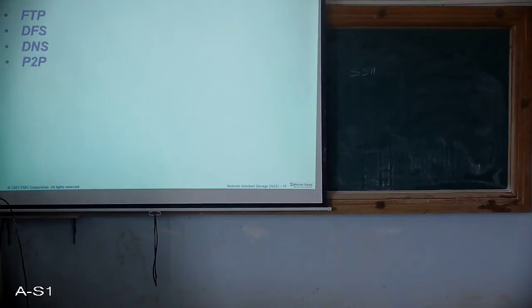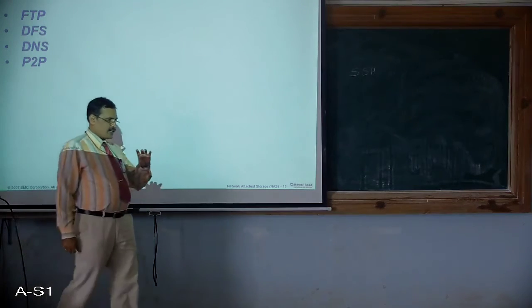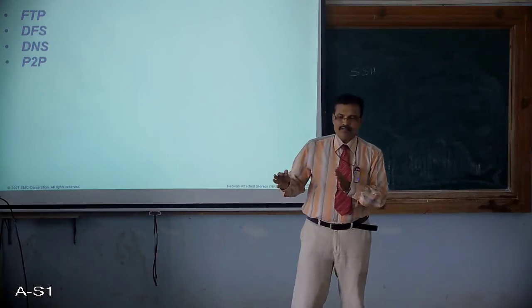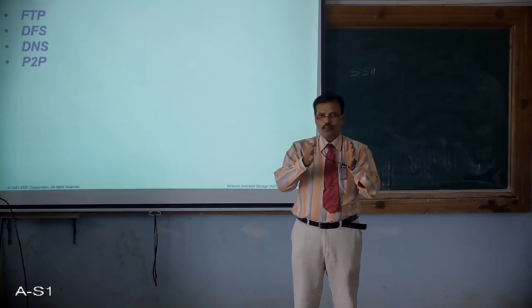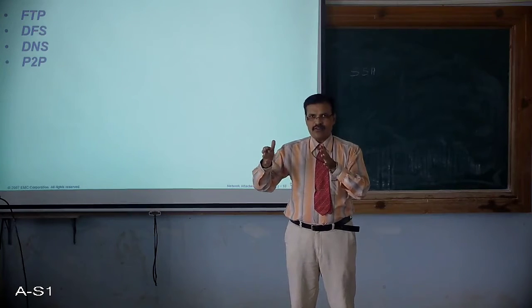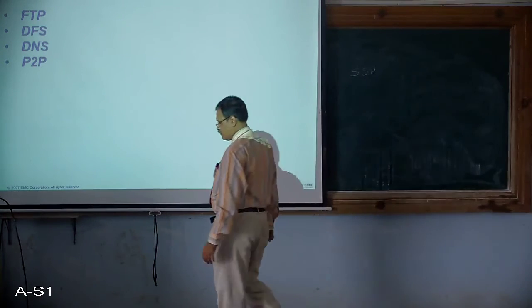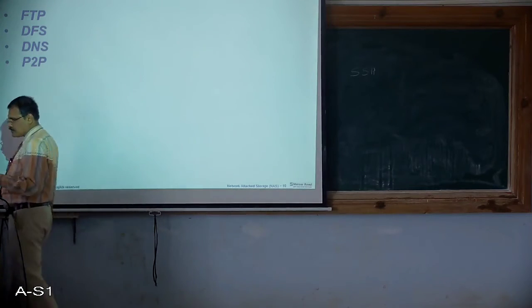Okay, so this is called a distributed file system. This distributed file system is extensively used with NAS devices, and I think we will put more light on NFS and CIFS in the coming classes.